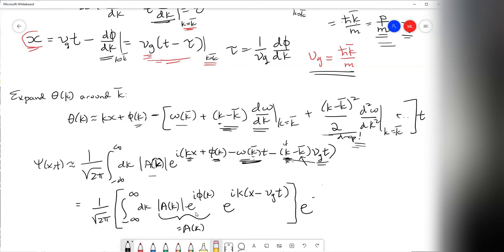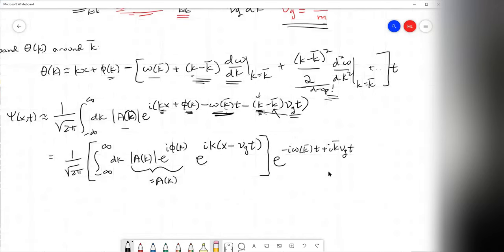So you get e to the minus i omega evaluated at k bar times t, and then you get the plus i k bar v sub g t. And this is just an overall phase, right? So it's not physical, as we learned. Kets in quantum mechanics are physical only up to an overall phase. So that part doesn't matter.